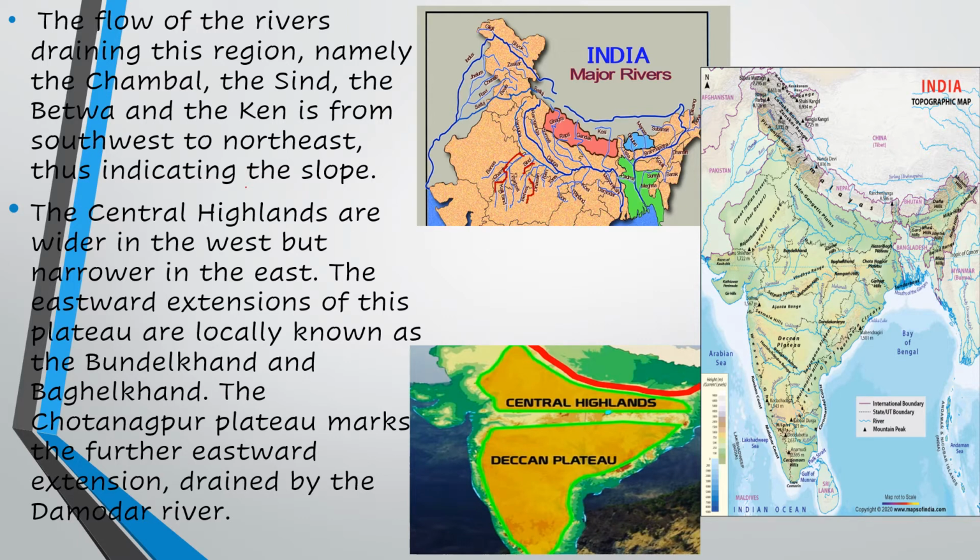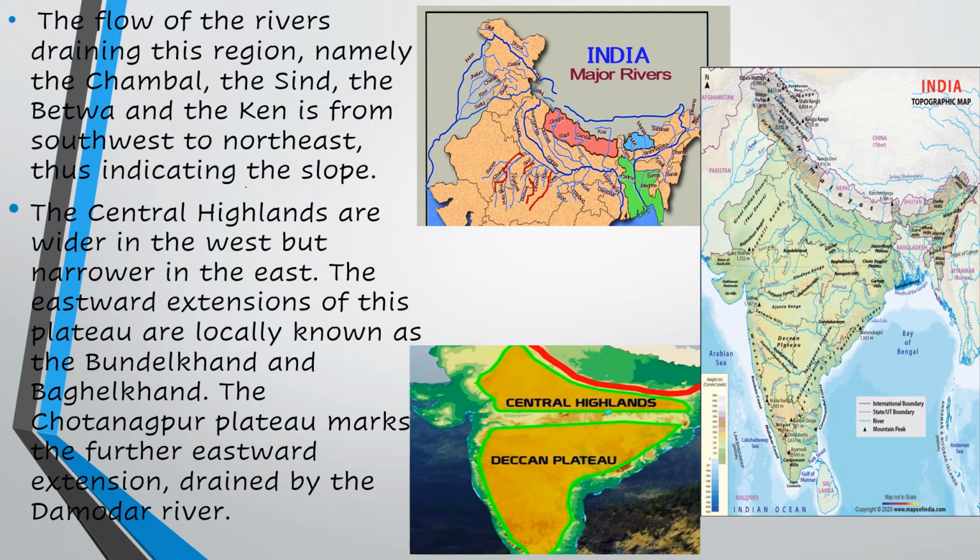And Ken, this is river Ken. Clear? So, the flow of the rivers draining in the Central Highland region, namely Chambal, Sindh, Betwa and Ken, is from southwest to northeast. Means they emerge from southwest and they come to northeast, thus indicating the slope.